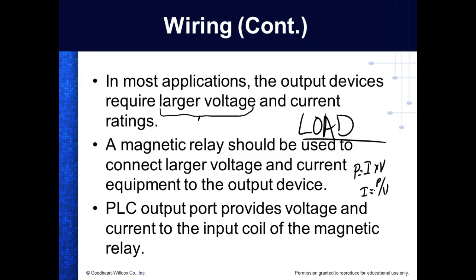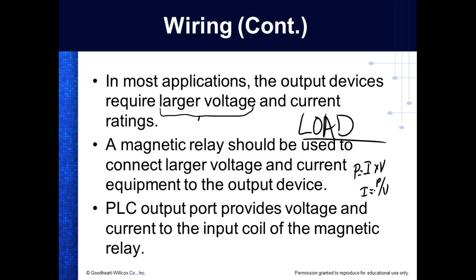So if an output device requires a larger voltage and a larger current, then what we'll do is the PLC will pick up a relay. And the relay will provide the larger voltage and larger current. A magnetic relay should be used to connect larger voltage and current equipment to the output device.